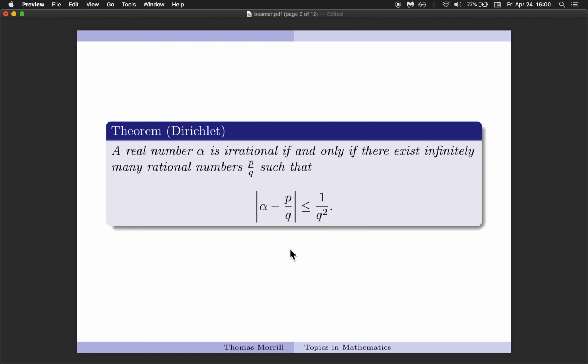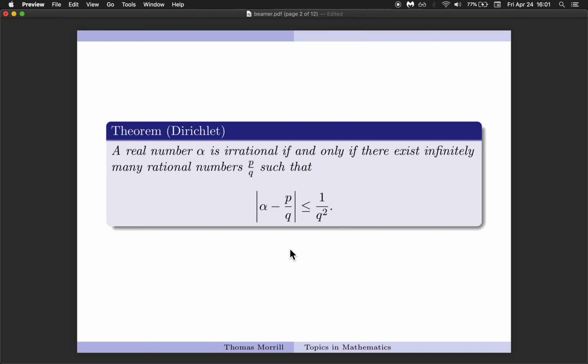And this is a question that is sort of tied up in the continued fraction stuff that we've been talking about a while now. Dirichlet's theorem gives us a new way to characterize irrational numbers. Some real numbers are rational, they are equal to a fraction, and the vast majority of real numbers are irrational, they are not equal to any fraction at all.